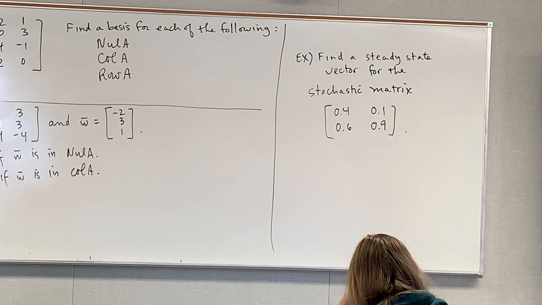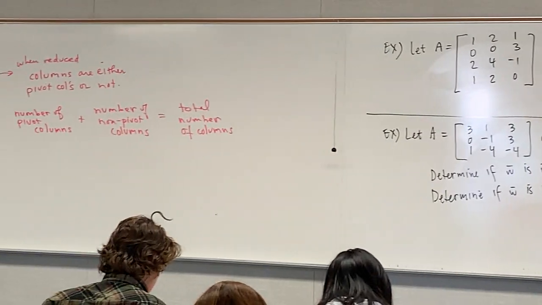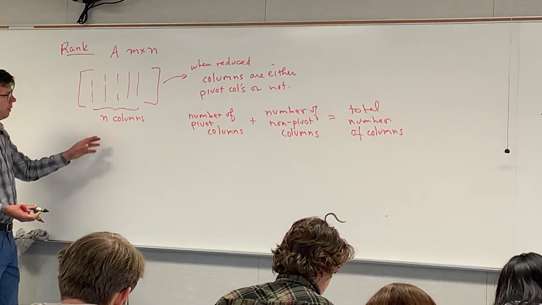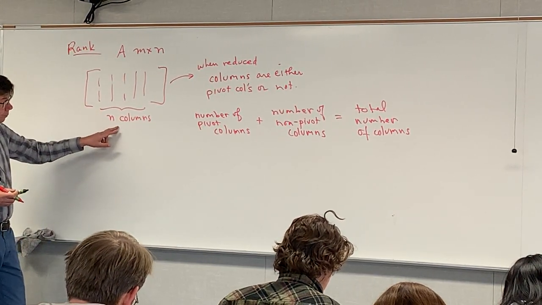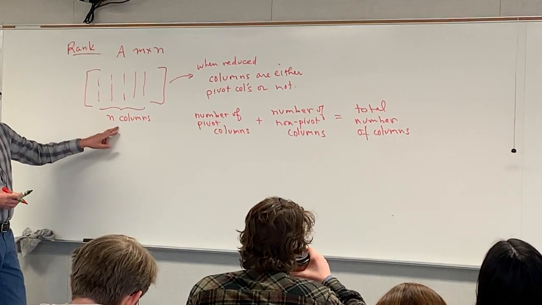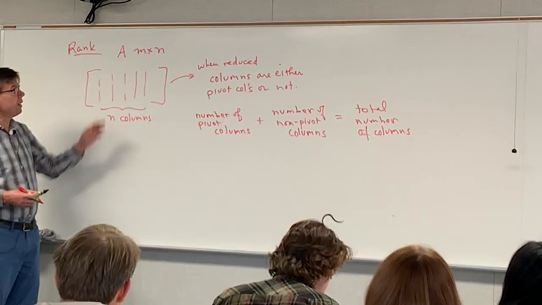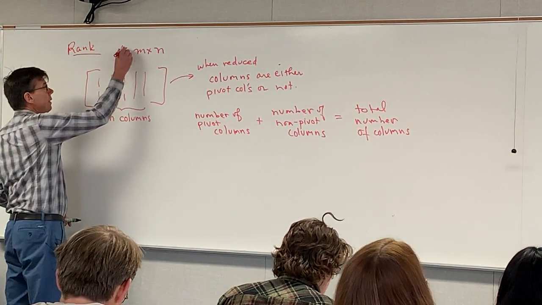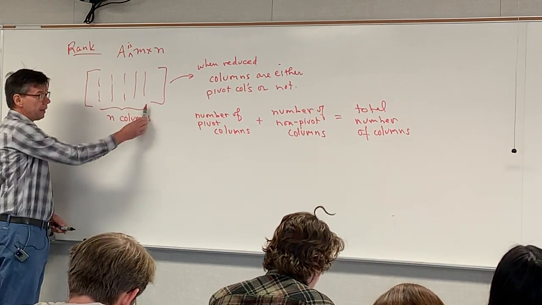So before we do those, I'm just going to make John worry a little bit. The way to get a handle on rank is to just think about the number of columns of a matrix. And let's try to think in generality. So A is an m by n matrix, so n columns.